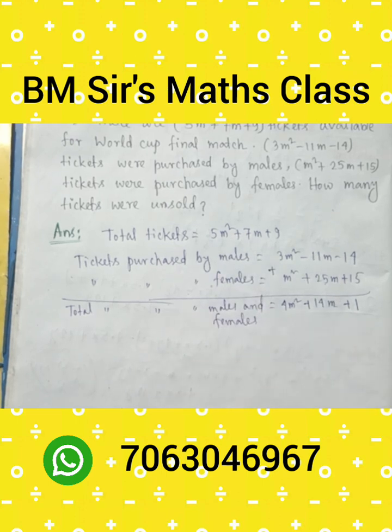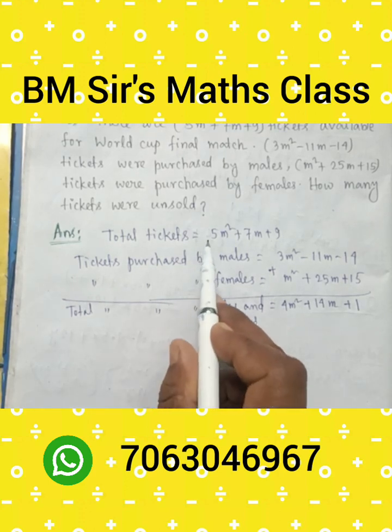To get the number of tickets unsold, we have to subtract the total number of tickets purchased by males and females from the total tickets.